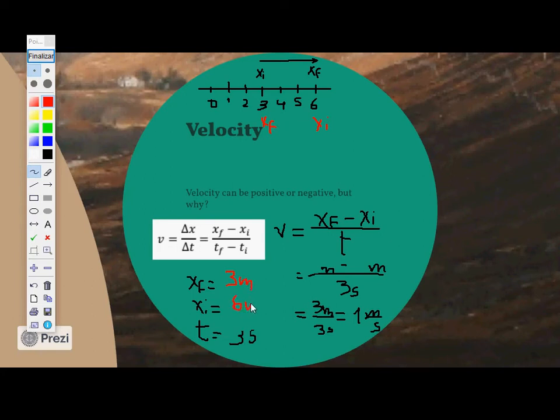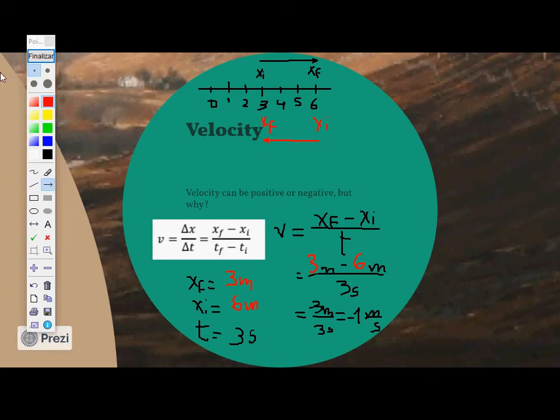The time is 3 seconds, just as in the previous example. Remember, this is just an example. So final position 3 meters, initial position 6 meters. 3 minus 6 is minus 3, and minus 3 divided by 3 is minus 1, and here the result is negative, and that means that the object is moving to the left.